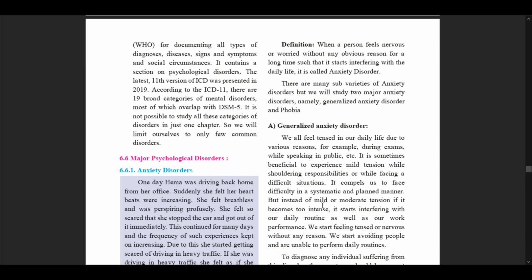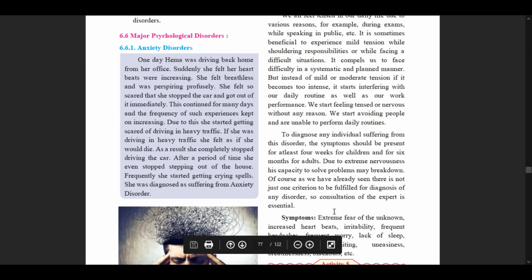So this is the root cause, or how anxiety disorders can be detected if they reach a scale where it is just unbearable by an individual. To diagnose an individual suffering from the disorder, symptoms should be present for at least 4 weeks for children and 6 months for adults.